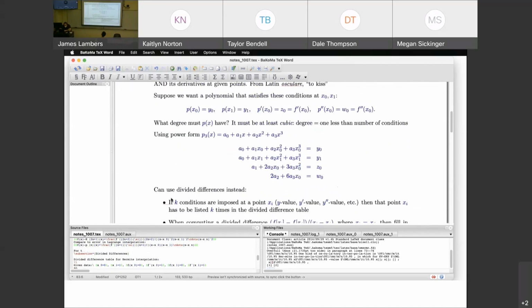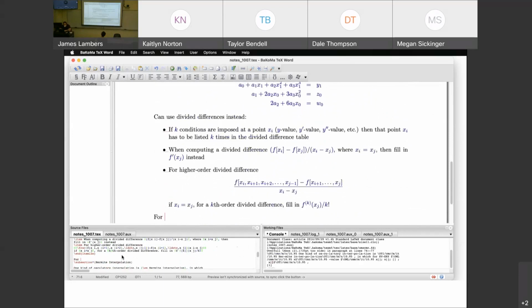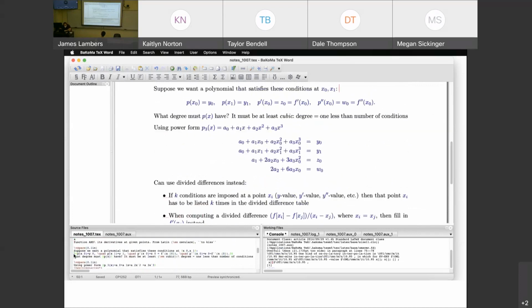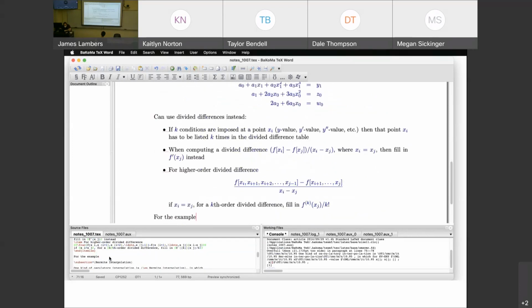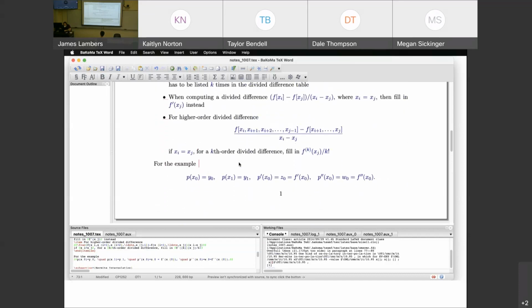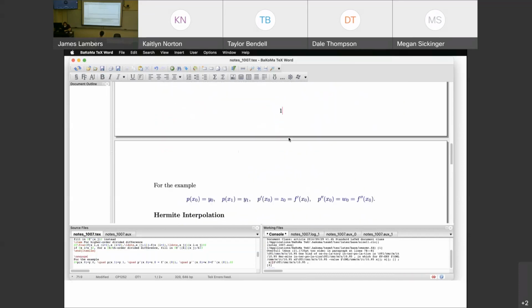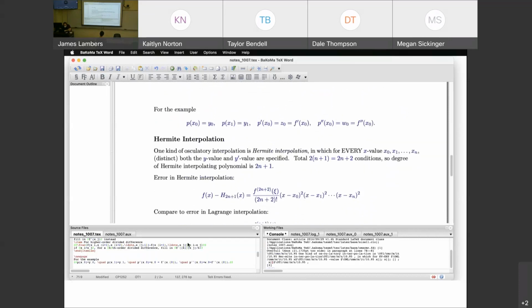Oh, sorry, I put this in the wrong place. All right, so in this case, I want to show you what the divided difference table looks like.